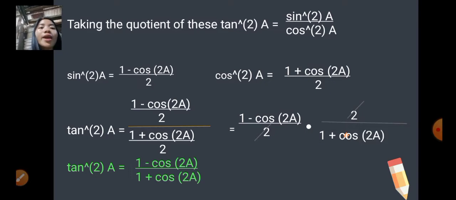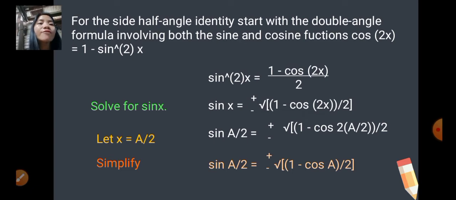Then for this side, the half angle identity starts with a double angle formula involving both the sine and cosine functions. Cos 2x is equal to 1 minus 2 sine squared x. So solve for sine x. We have sine squared x is equal to (1 minus cos 2x) over 2. So sine x is equal to positive and negative square root of (1 minus cos 2x) over 2.